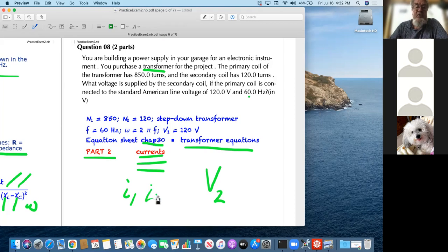They're two currents because they're two coils of wire. So you're going to need some equation which relates the information that you're given and I1 and I2. So again, sit down in a quiet room and do this problem. Work out the number. Use the numbers that are given on the practice exam and calculate the number. And then check your answer.